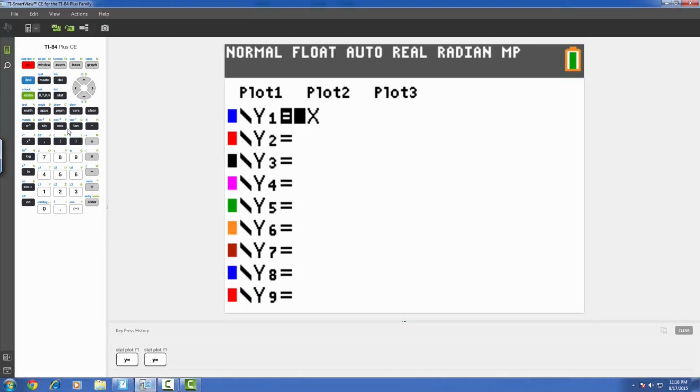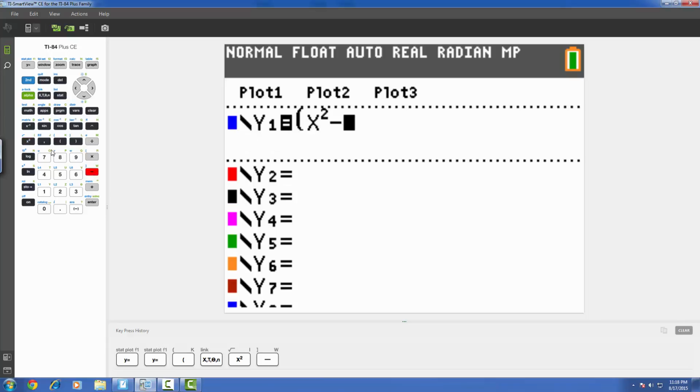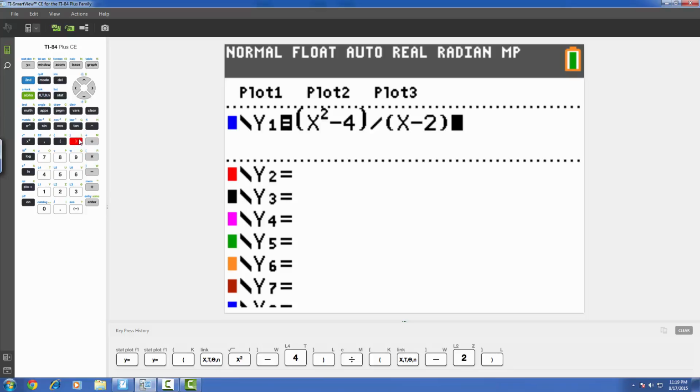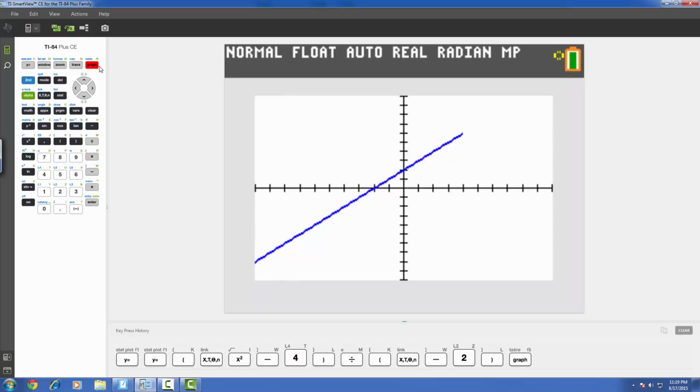In our graphing calculator, we start by opening a parenthesis, then x squared minus 4, divided by another set of parentheses, x minus 2, close parentheses. Graphing this, we do in fact end up with that straight line.